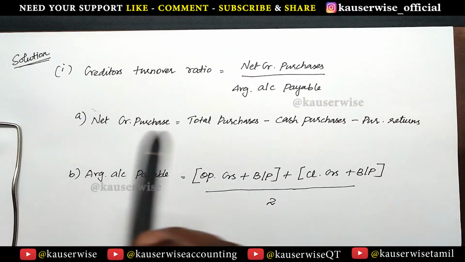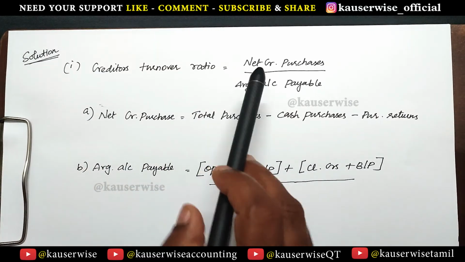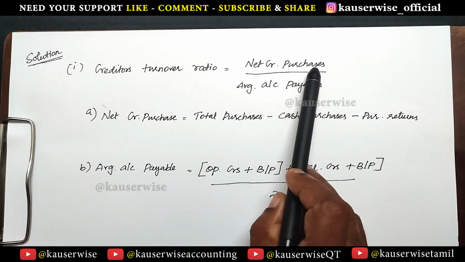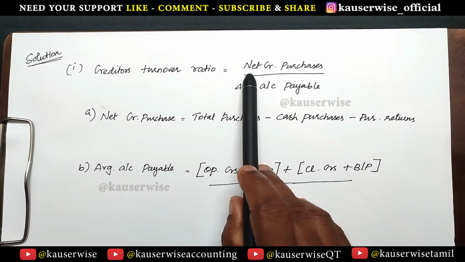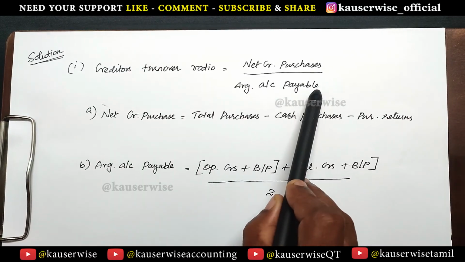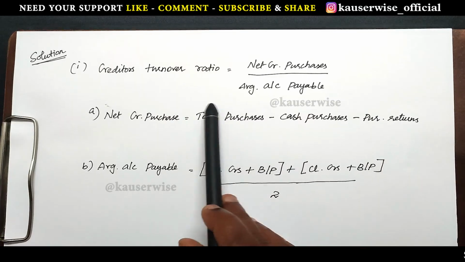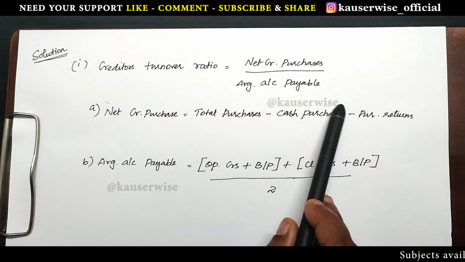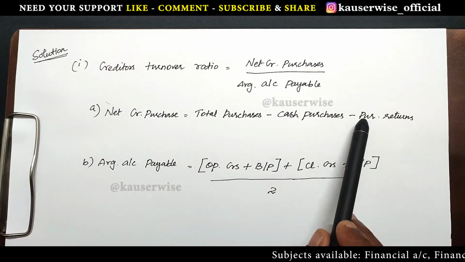First, we are going to calculate creditors turnover ratio. The formula is net credit purchases divided by average accounts payable. There is a formula to find out net credit purchases and average accounts payable. For net credit purchases, the formula is total purchases minus cash purchases, and in case of any purchase returns, just subtract.